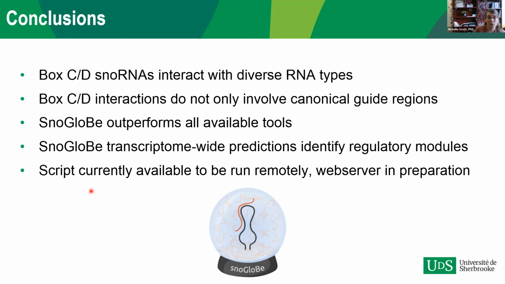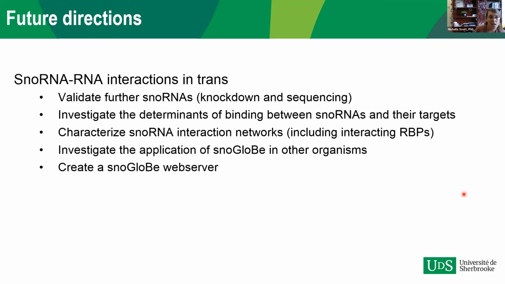We have a script that's available to run remotely to obtain SnoGloBe predictions, but we're also creating a web server that will be easier to use. You could just paste your sequences of interest. For our future studies, as I said, we're validating other snoRNAs by knocking down and sequencing.